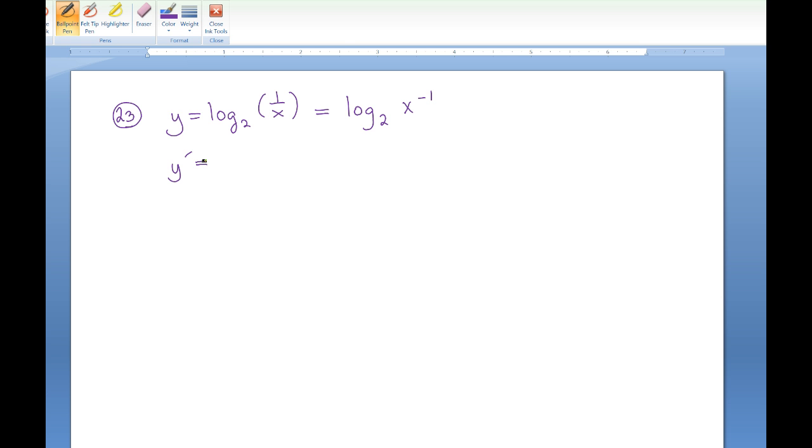You can also do it with the regular log rule, 1 divided by x, and that works too. It should work either way, because with the property of logs, if you have a power of -1, the power rule for logarithms lets you move the power to the front. Remember, logarithms are exponents, so when you have a power raised to a power, you multiply them. That's why that rule works.